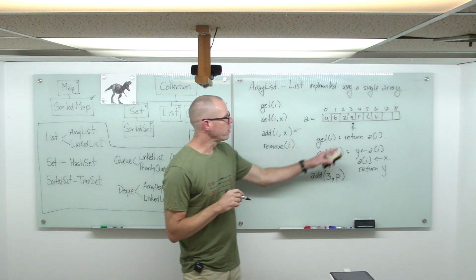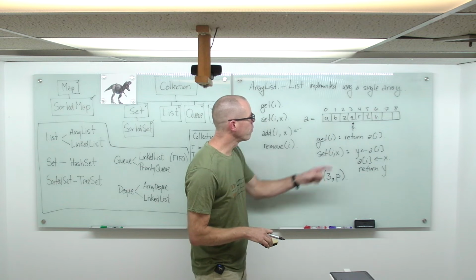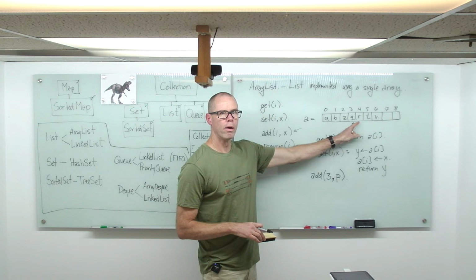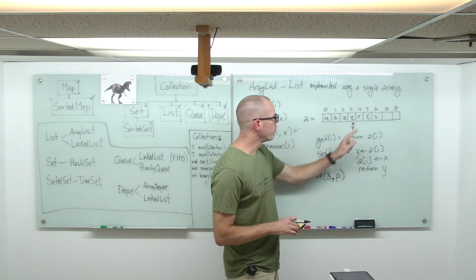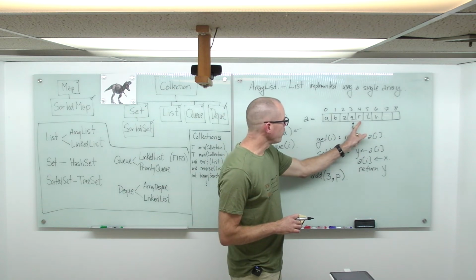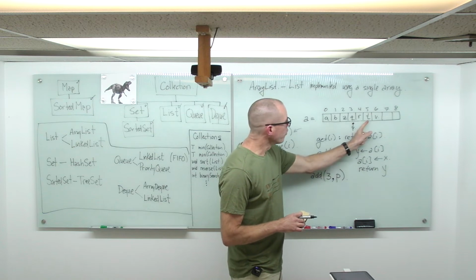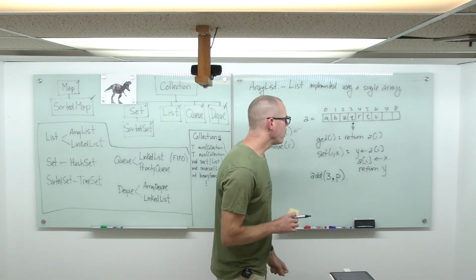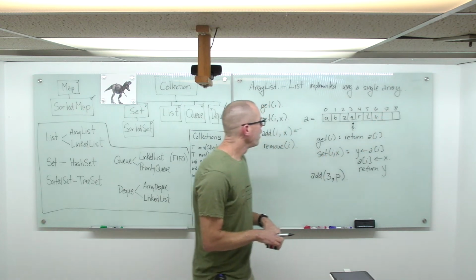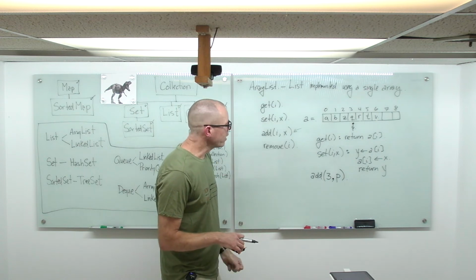But before I can do that, I have to make room for it. To make room for p at position 3, q has to go to position 4. But there's already something at position 4. There's r. So to make room for q, I have to move r to position 5, but there's already something there. So then t has to go from position 5 to position 6, and then v has to go from position 6 to position 7. The way this is implemented is exactly what you would think.